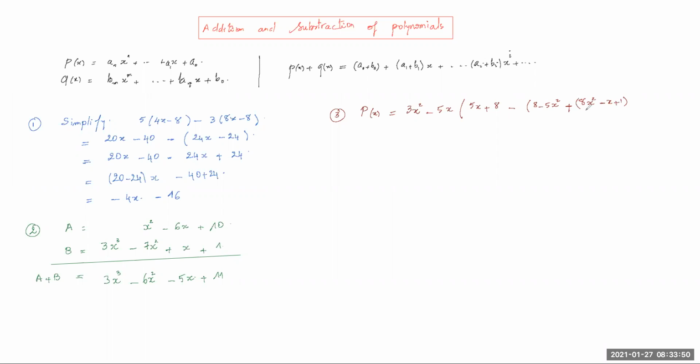They put brackets here, then they close these brackets, and then they close these big brackets. So here we still have a difference, but inside there is also a difference of polynomials, a sum, etc. So we will work step by step.